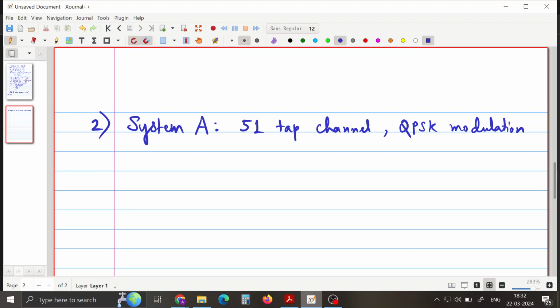Now, since there are two systems, A and B, I'll use the notations L1 and M1 for system A, and L2 and M2 for system B. Here I'll use the notation L1 for the ISI symbols of system A, and L1 plus 1 is actually my number of taps, which is given as 51.